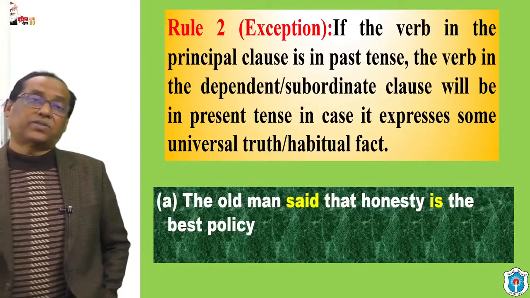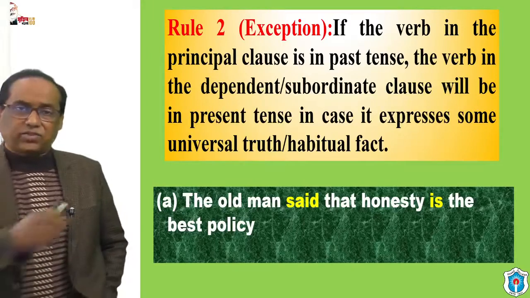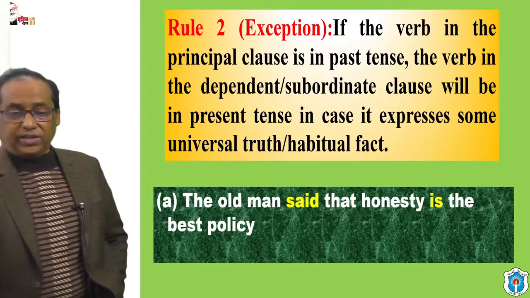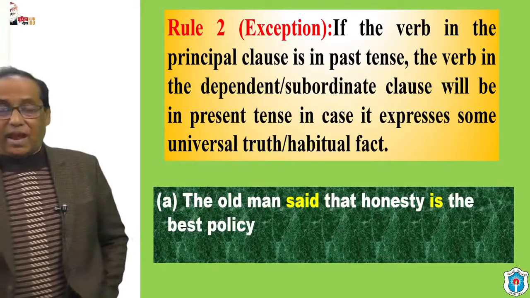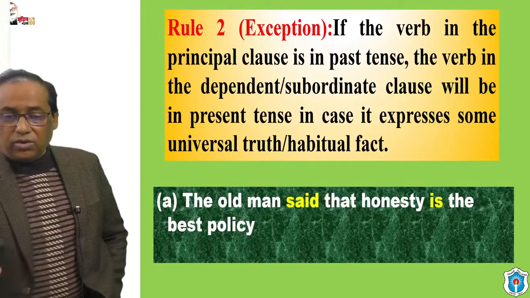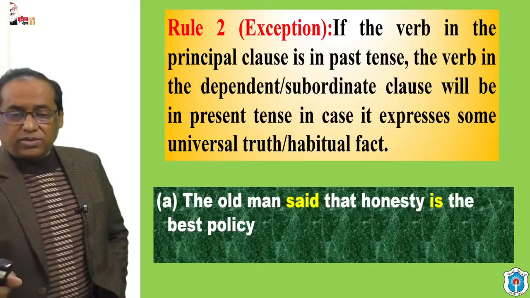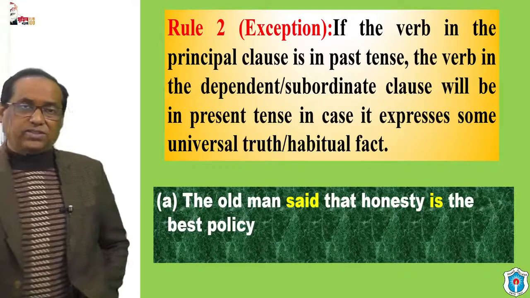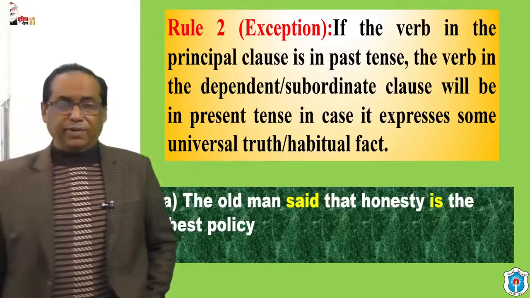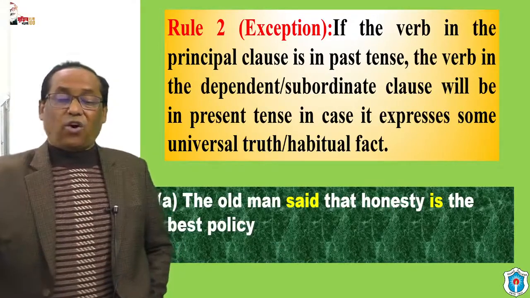It is in simple past, but honesty is the best policy is present tense. According to the simple rule, we might use was: the old man said that honesty was the best policy. But is it acceptable? Honesty was the best policy.